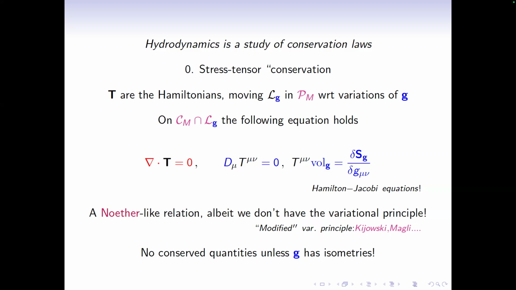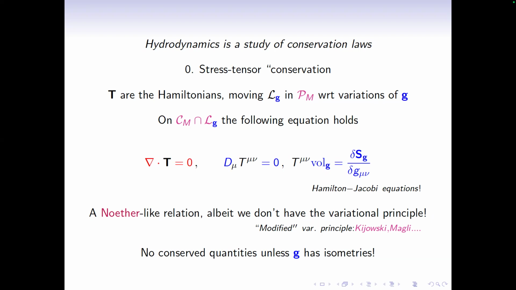So from that, if I define the stress tensor, essentially the variation of the generating function with respect to the metric, it's not the variation of an action per se. Then this identity will tell me that I have the usual covariant conservation of the stress tensor, which, as you know, in the absence of isometries doesn't mean any conservation at all. It's just some identity.